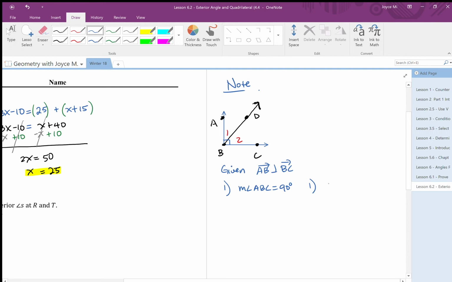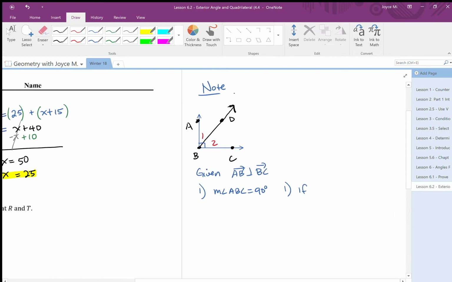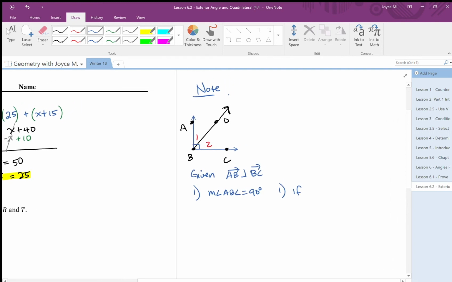So we're given perpendicular lines, and two perpendicular lines meet to form right angles, which measure 90 degrees.